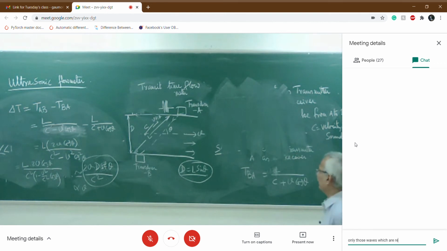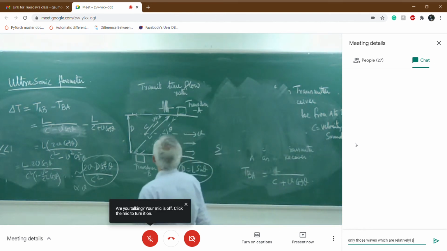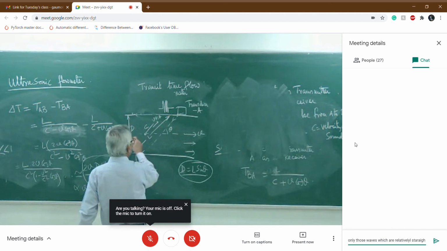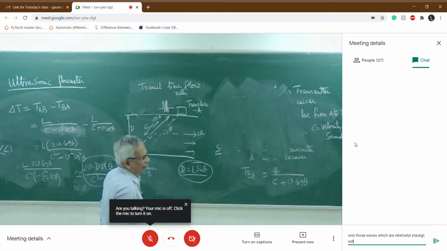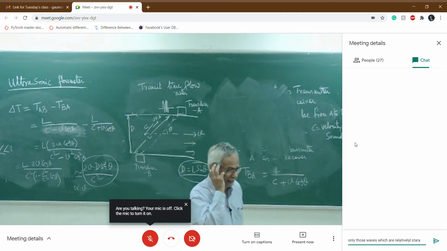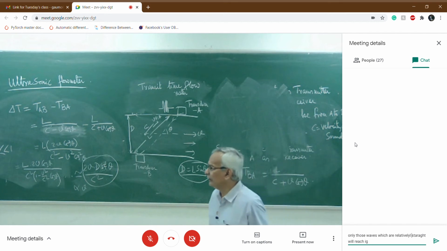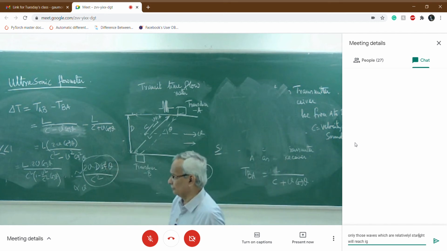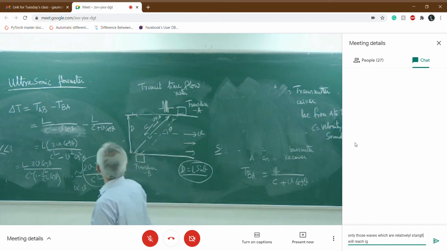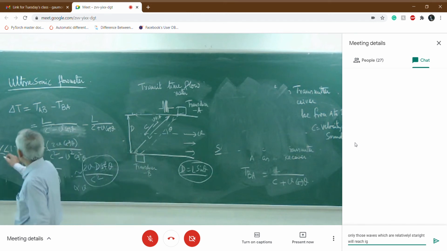Oh, your point is that, okay. We are traveling, there is a wind velocity, and the river is also wide enough, so everything is comparable. But in this case, the speed of the ultrasound is very high.